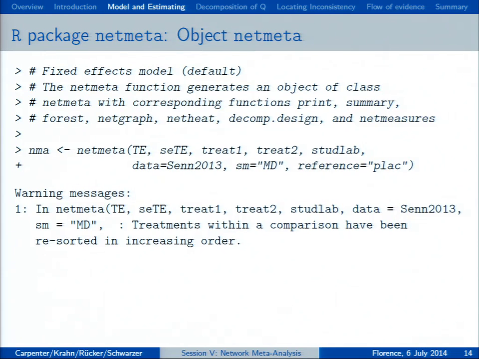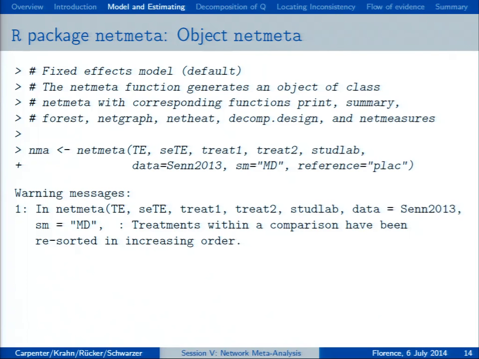Okay, for conducting the network meta-analysis, we can use then the function netmeta. So by this function, we generate an object of class netmeta, and like in the package meta, we can use the functions print and summary for this object, and the function forest as well. And there are further functions.